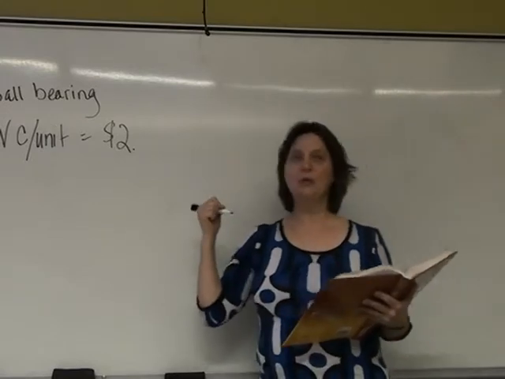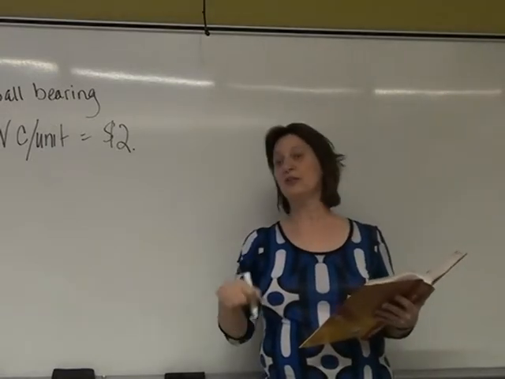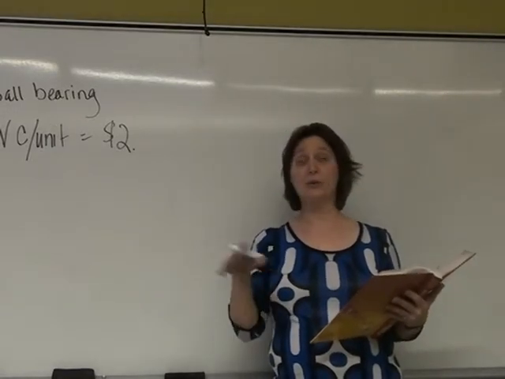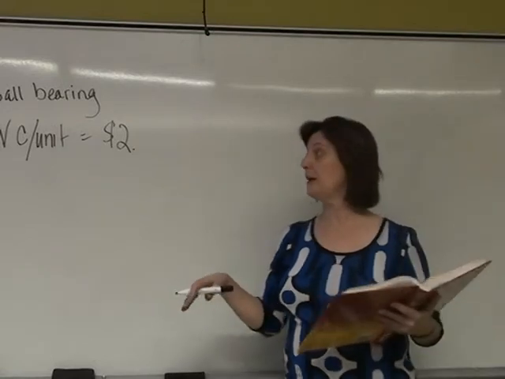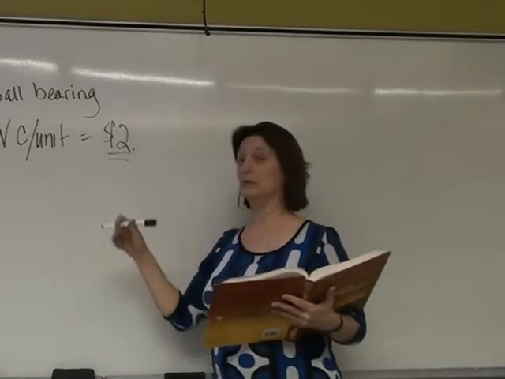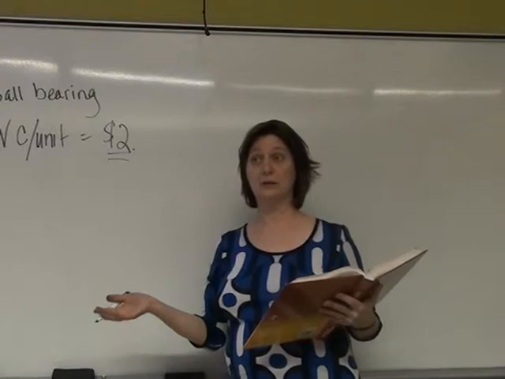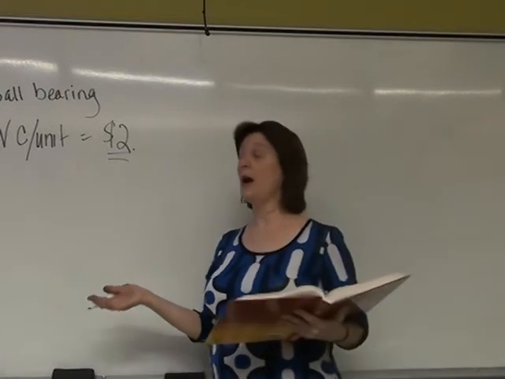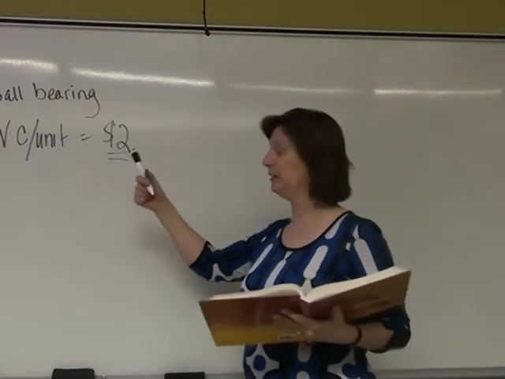So I will not sell my ball bearings to anyone, no matter whether they're in my company or outside of my company, for under $2. Correct? Like, why would I? I won't make any profit then.